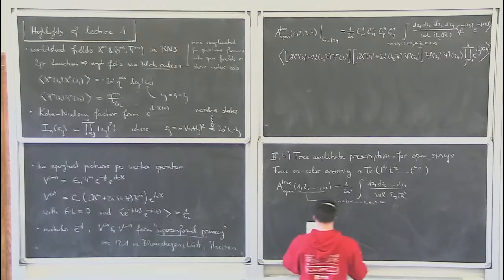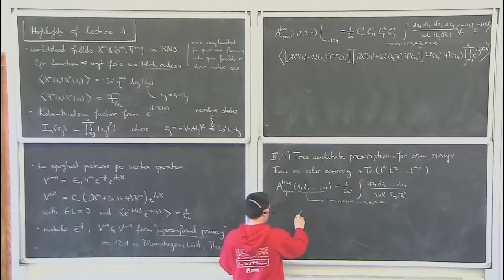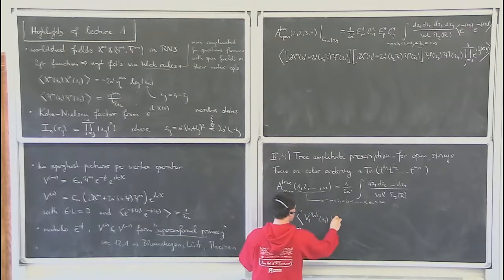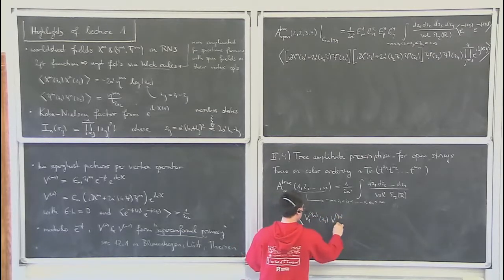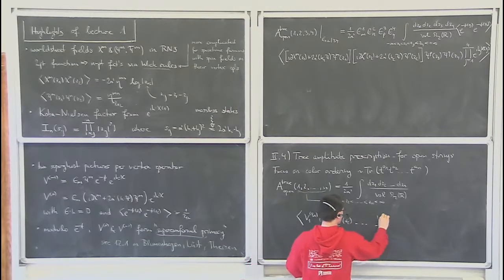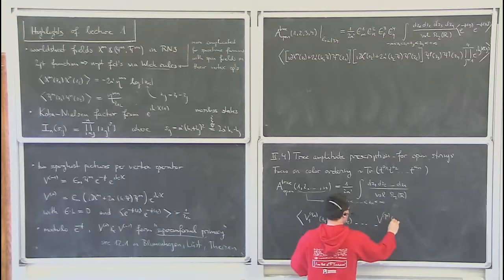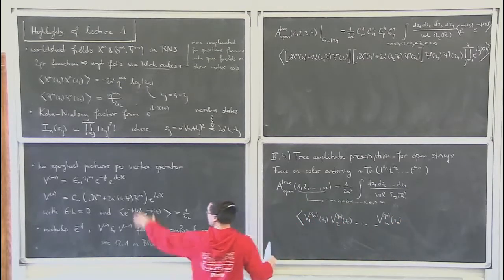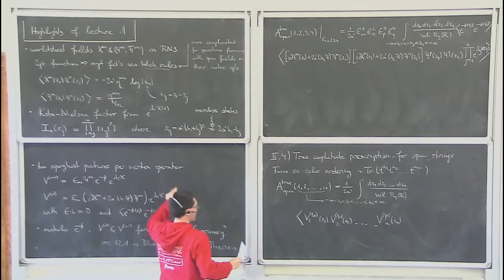Okay, and the heart of the integrand is a correlation function of vertex operators. So all of these things refer to the guys you're seeing right here.